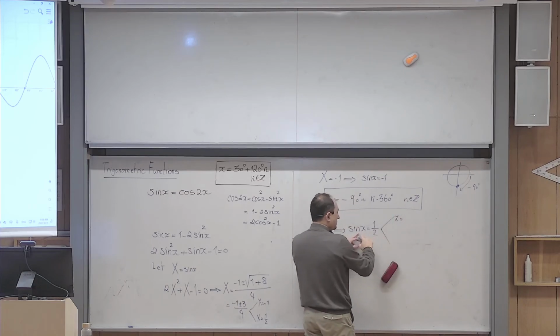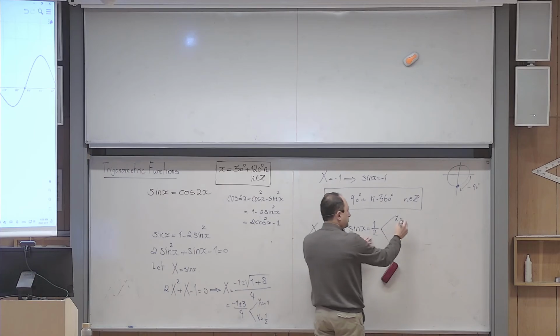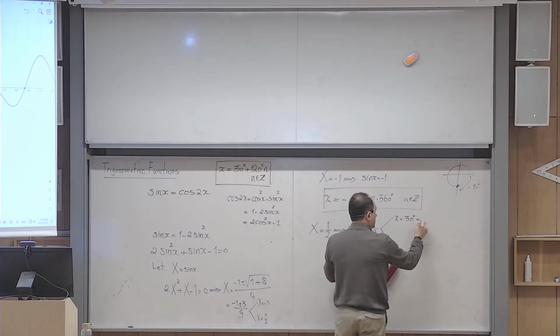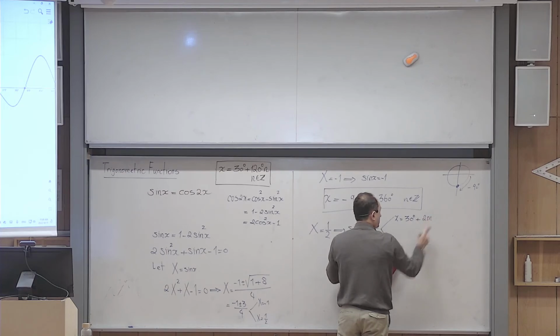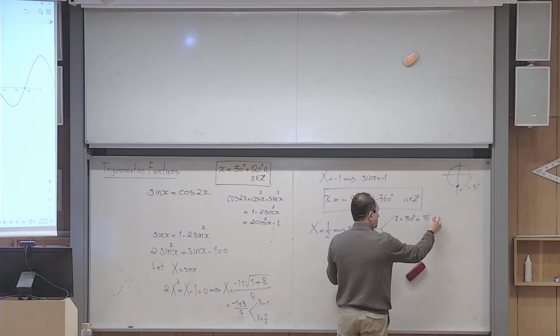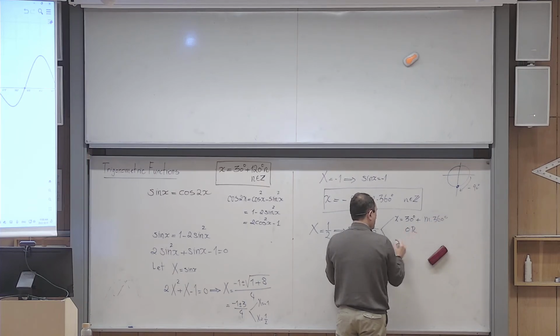But let me calculate. Sine inverse of 1/2, I have it in my memory. It is 30 degrees. And then plus m times 360 degrees. I should stick to radians or degrees, so it is 360 degrees. Or, what is the other scenario?